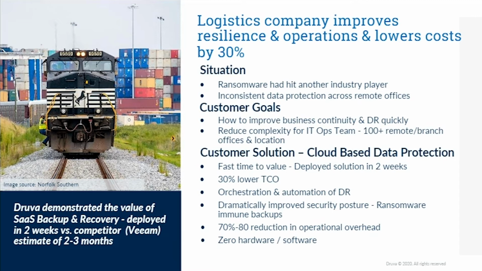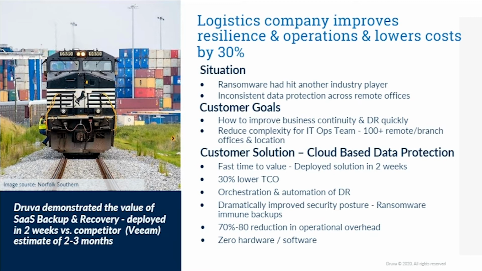The time to value came from the fact that you could turn on data protection in a remote office, frankly, in as little as 15 minutes. You could get that protection stance up and running in that remote office without having to send hardware or have a person there. Their outcome was that they saw 30% lower total cost of ownership.